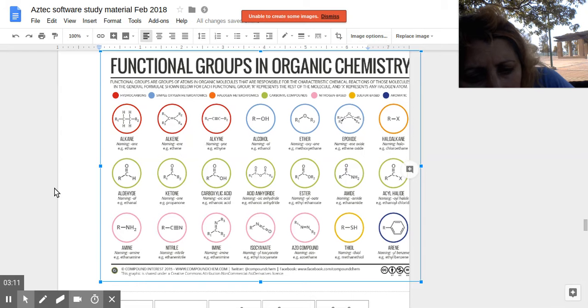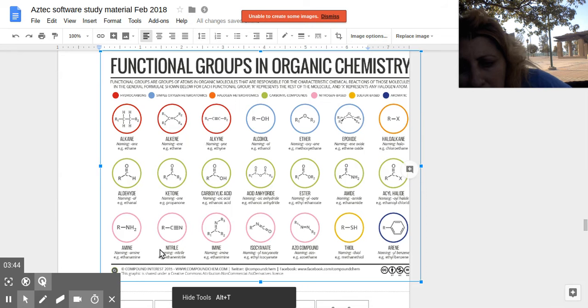Isocyanate is a carbon double bound to oxygen, and then a nitrogen double bound to the same carbon, and then an R group off the nitrogen. Azo compound, two nitrogens double bound and R groups coming off each of the nitrogens. Thiol is a sulfur hydrogen to an R group. Arene is a six-membered carbon ring with alternating double bonds to an R group.